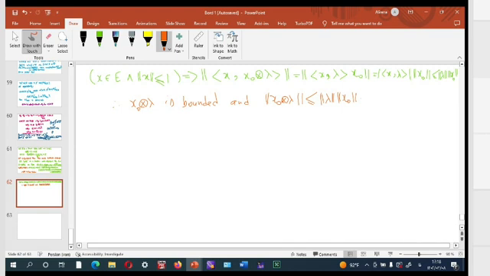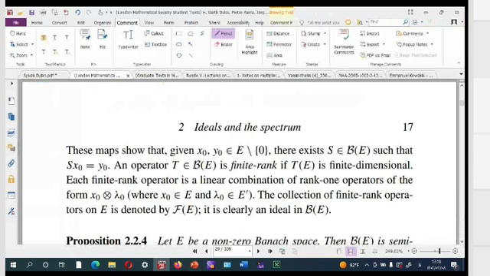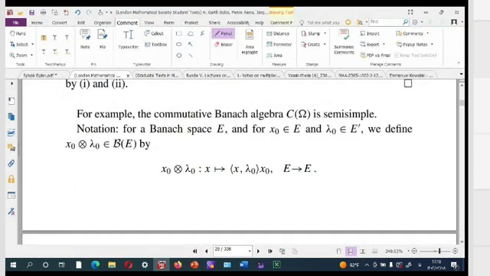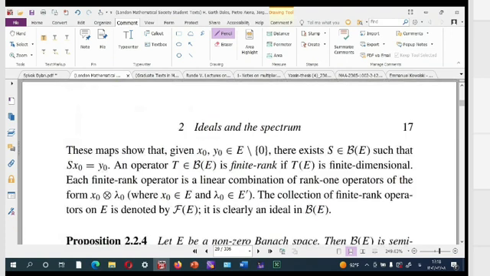So this is important, that this function belongs to B(E), okay?